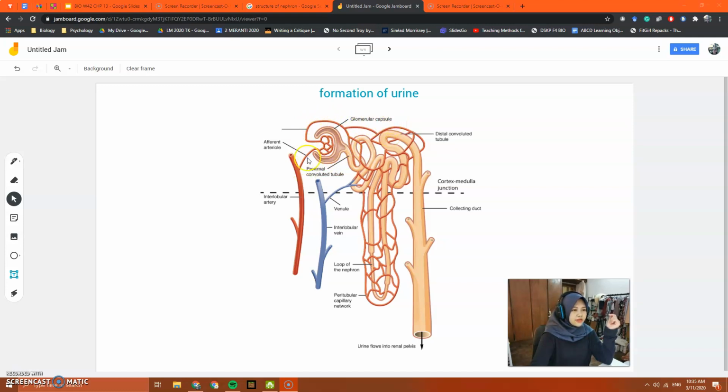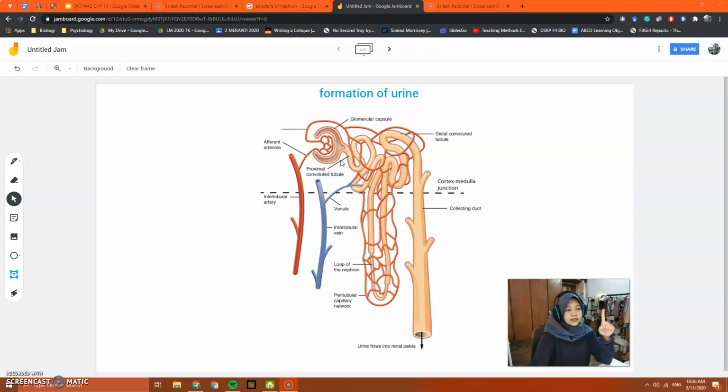Okay, so this is the afferent and this is the efferent, A and E. Now it begins right when the oxygenated blood enters the glomerular capsule right here, and because of the high hydrostatic pressure, it will force the filtrate to seep out from the blood capillary into the Bowman's capsule right here.